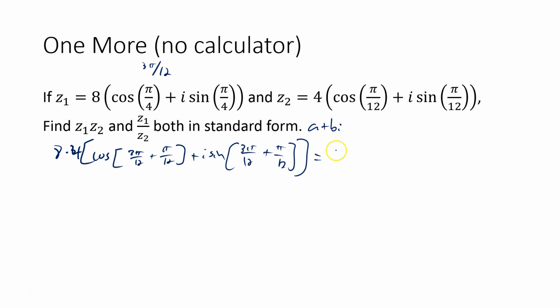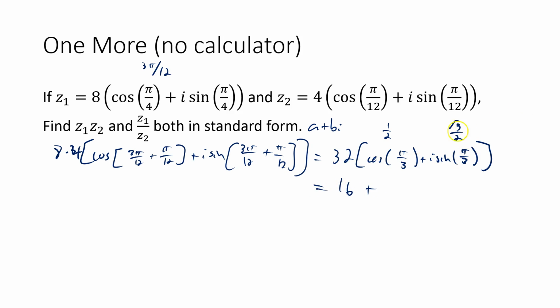And so that's going to give us 32 in the front, 8 times 4. And then we have cosine of 4 pi over 12, which is pi over 3, plus I sine of pi over 3. Hey, those are values we know. Cosine of pi over 3, that is 1/2. Sine of pi over 3 is root 3 over 2. So this gives me 16 plus, let's see, 32 times root 3 over 2, that is 16 root 3 I.